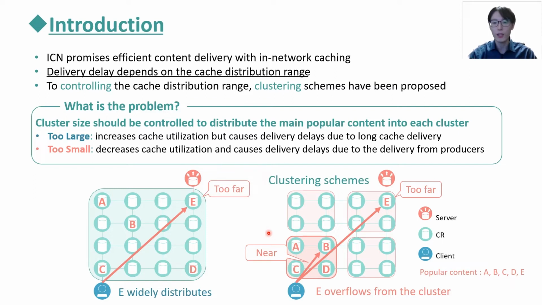Namely, a smaller cluster size can reduce delivery delays, but if too small, the contents cannot be retrieved from the cluster. It will increase delivery latency. Therefore, we propose a dynamic clustering scheme to control cluster size according to changes in contents popularity.